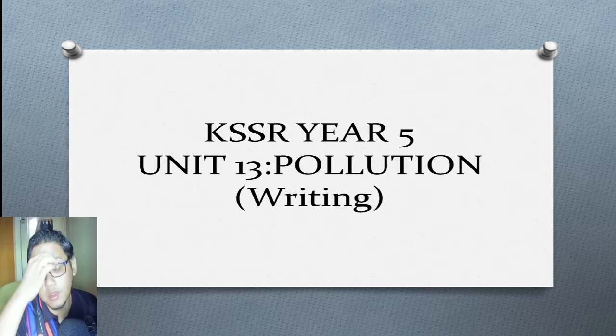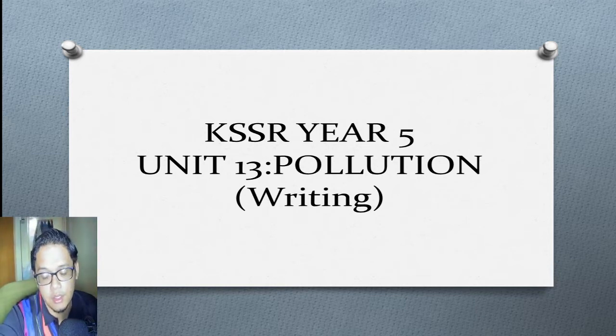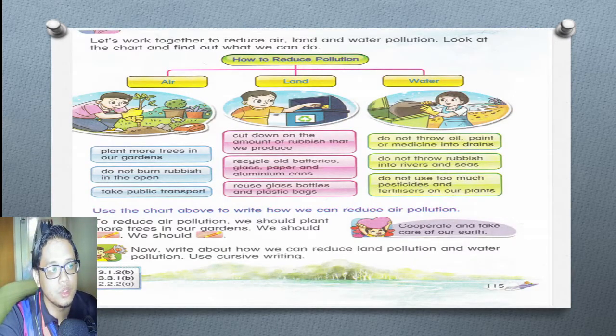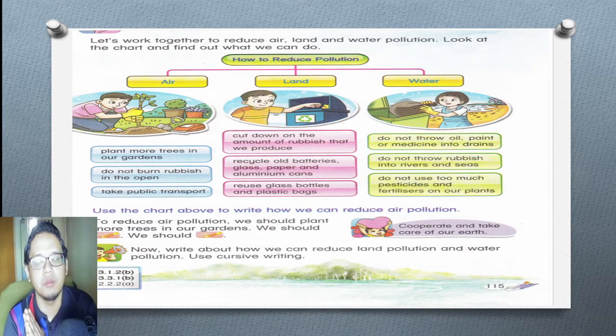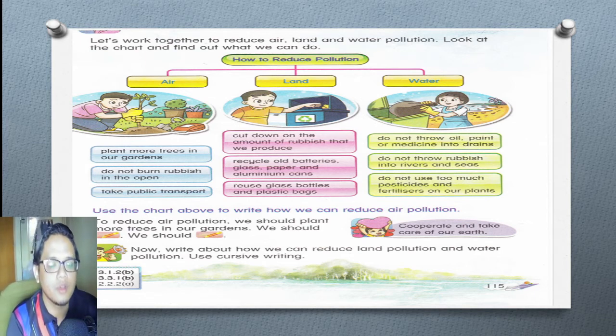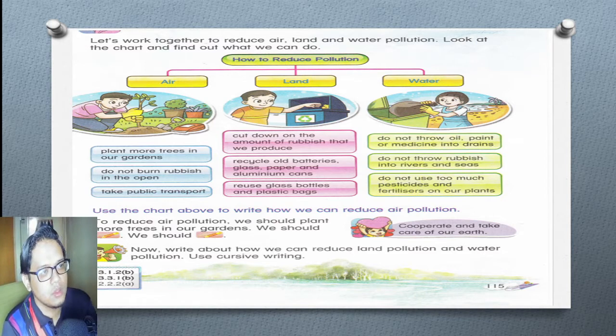So for today, I'm still going to teach you writing by using Unit 13, pollution. This is the page. If you have your textbook, you can open it to page 115, okay?